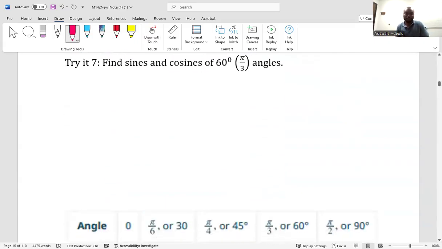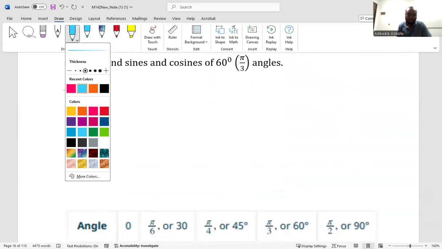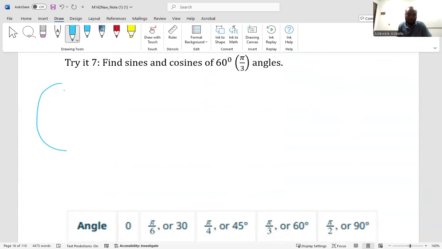So for 60 degrees, again, we return to the same approach and use geometry to help us. So let's see the method we are going to use here. 60 is somewhere like this, 60 degrees.